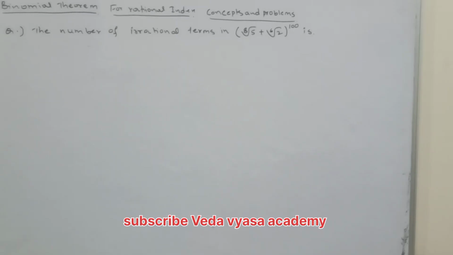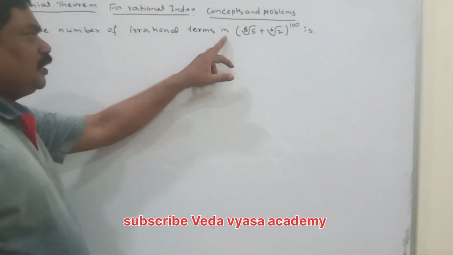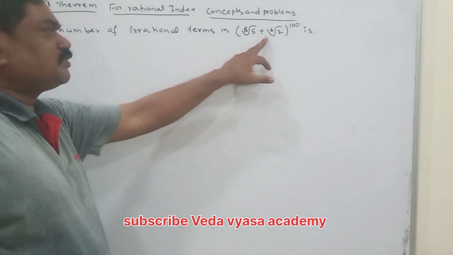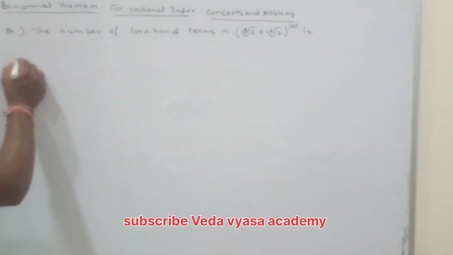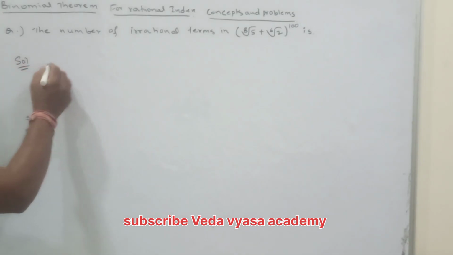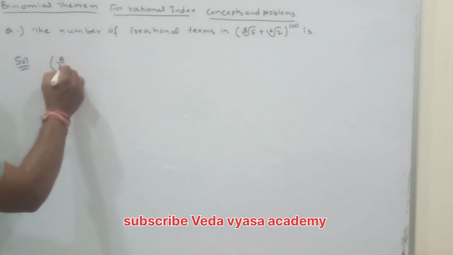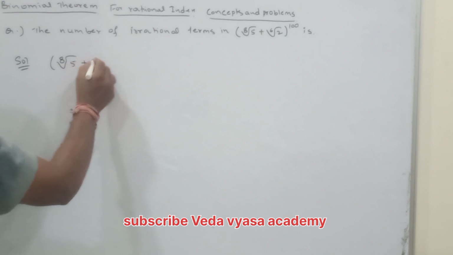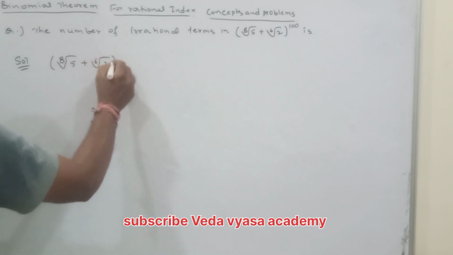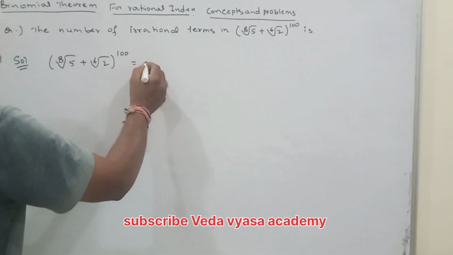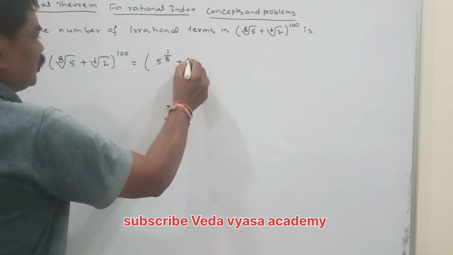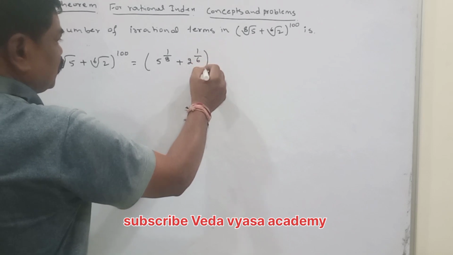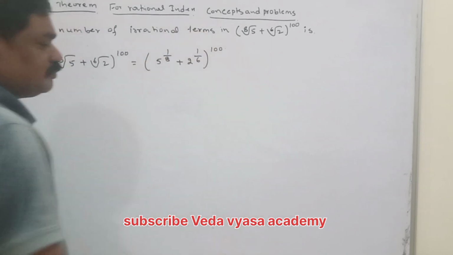Here we have the problem. The number of irrational terms in 8th root 5 plus 6th root 2 whole power 100 is. So here we have the given expression, 5 power 1 by 8 plus 2 power 1 by 6 whole power 100.